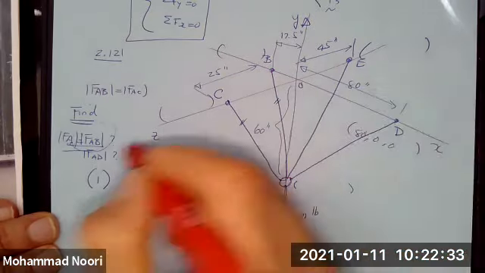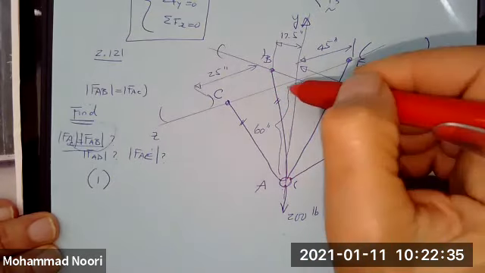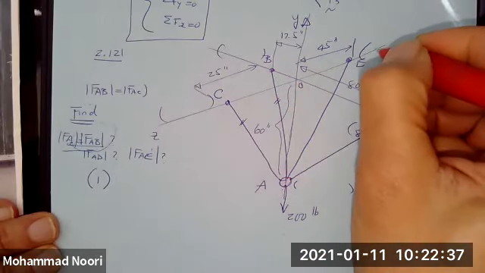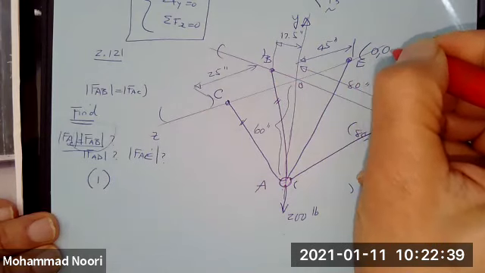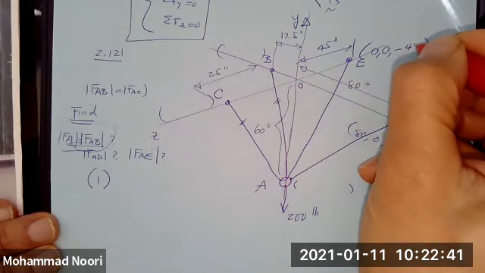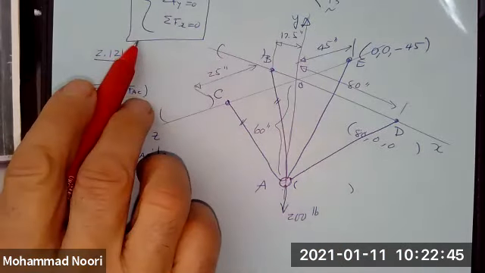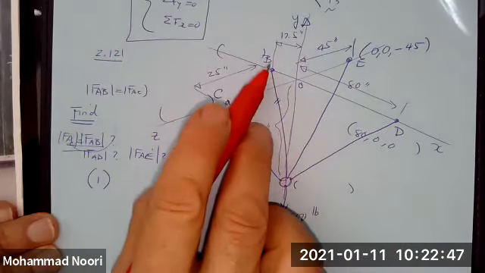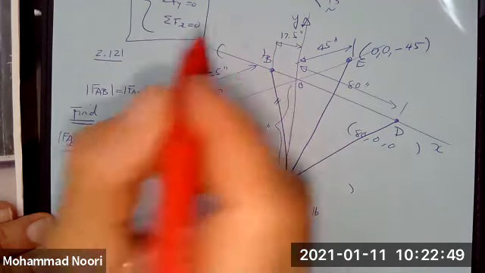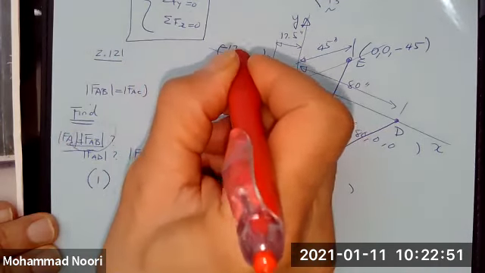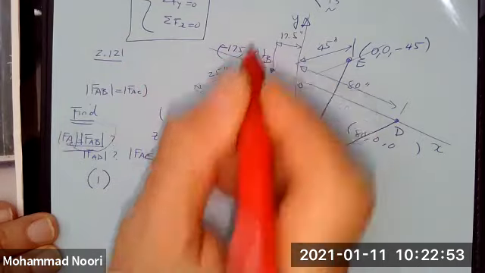E is along the z-axis on the negative side of the origin. So you have 0, 0, negative 45. B is along the x-axis on the negative side of the origin and 17.5 from the origin. So it's negative 17.5, 0, 0.